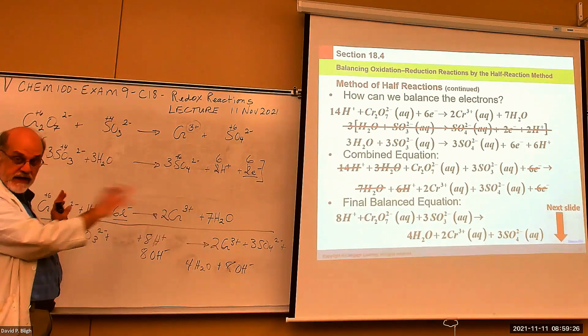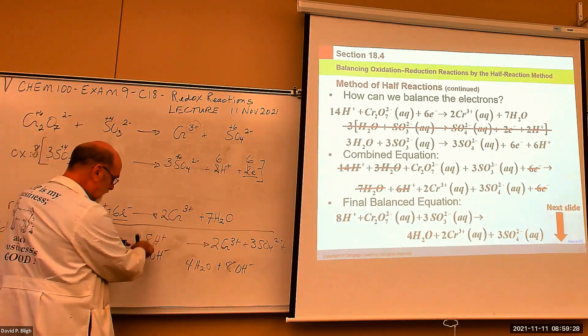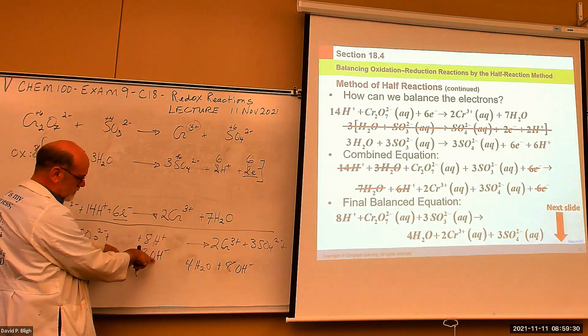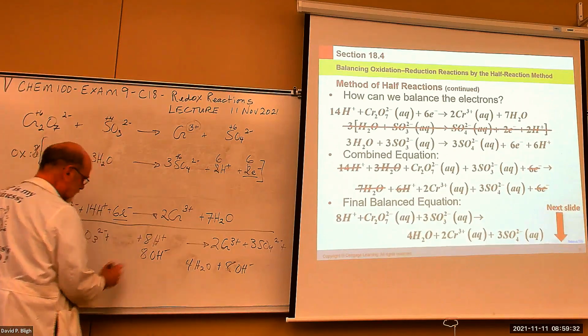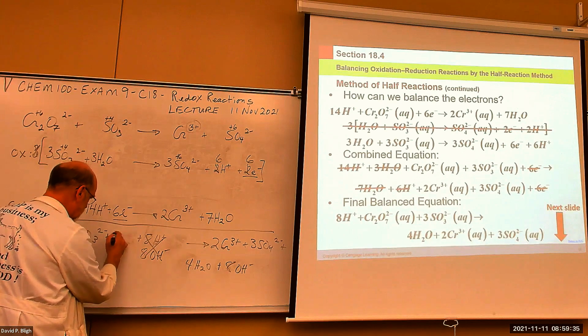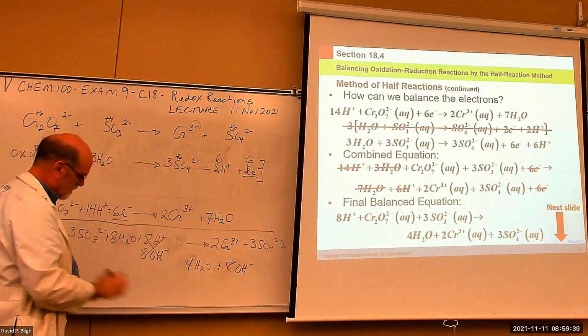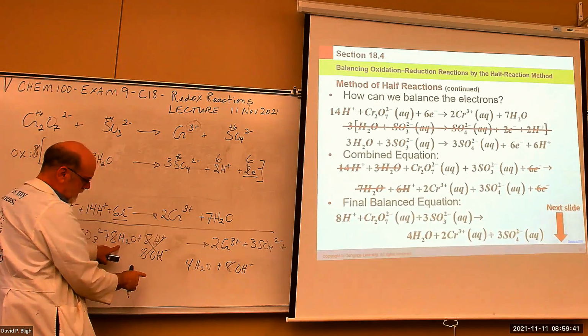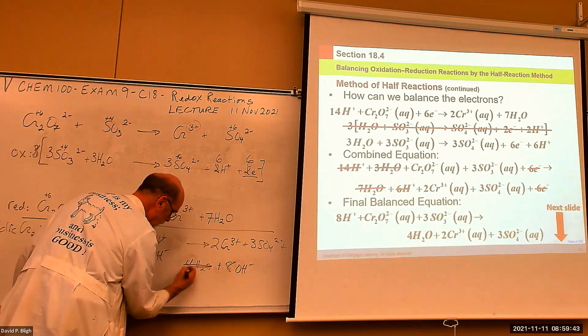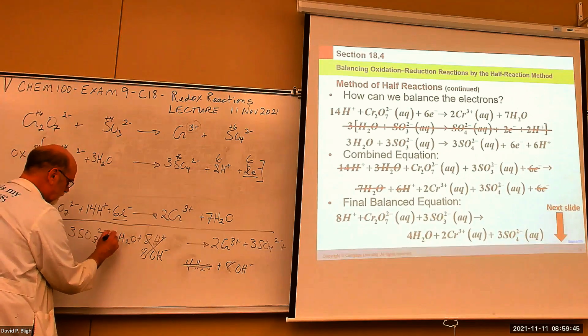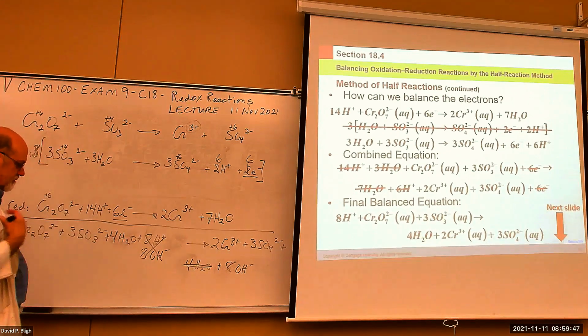Okay? Do the same thing to both sides. This makes what? 2 hydrogens and 1 oxygen. This makes 8 waters. But now we have 4 over here and 8 over here. Those are gone. And now we're left with 4.